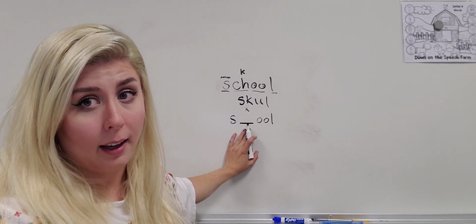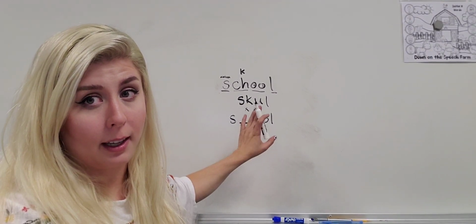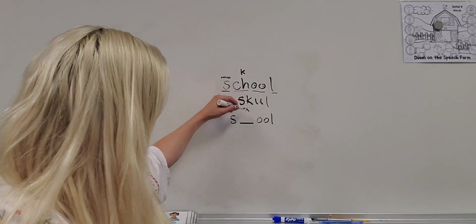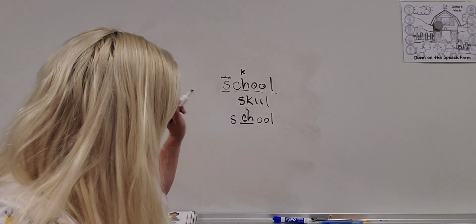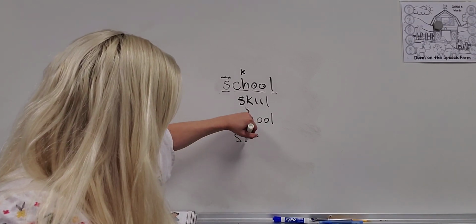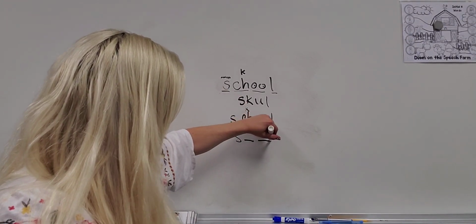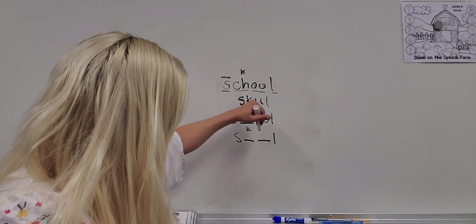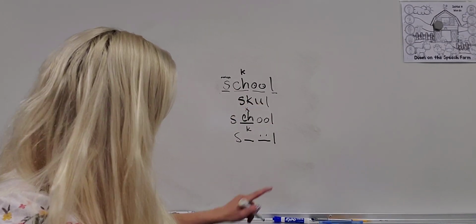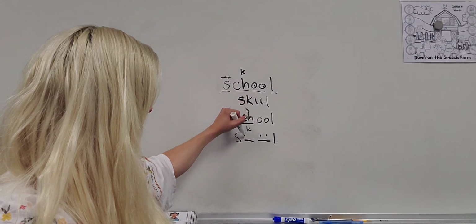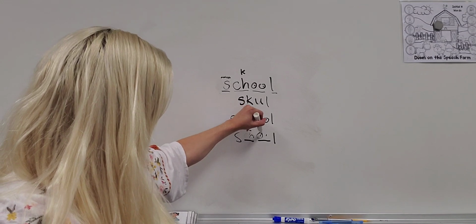It's not the K. We want to make the K sound, but it's not K. CH, cool, school. There we go. And then the next time we might give them everything except for that CH and that ooh, and put that K and the little eyeballs. You want to draw the eyes, right?